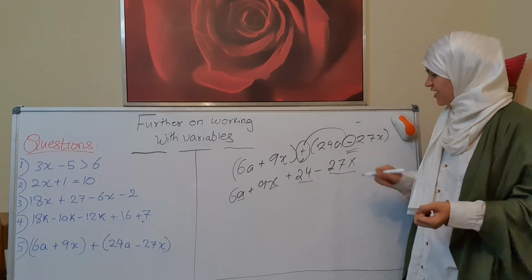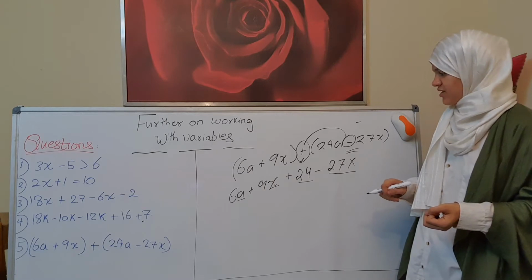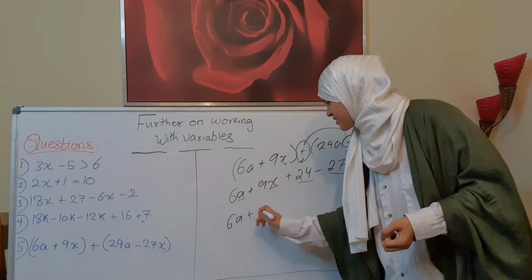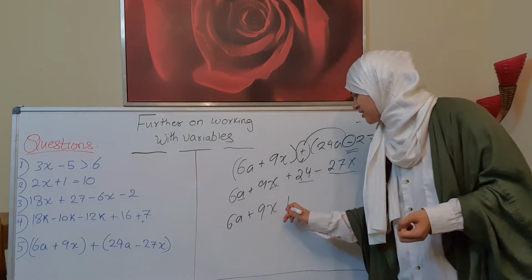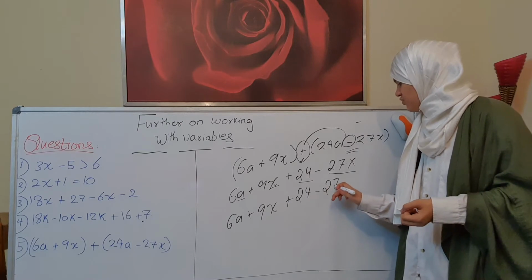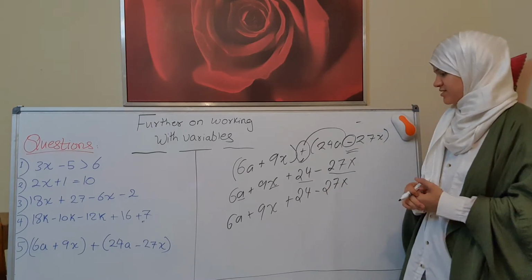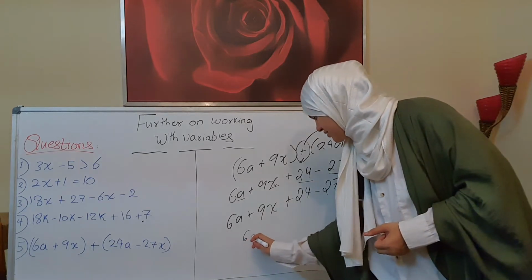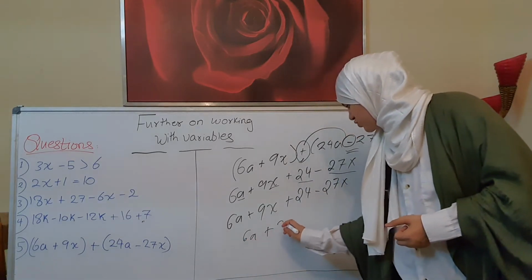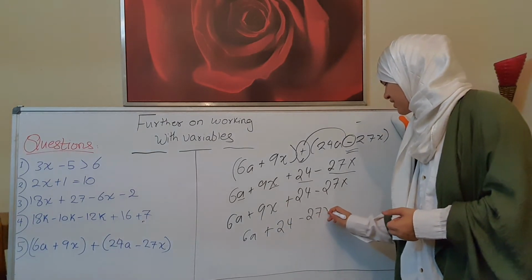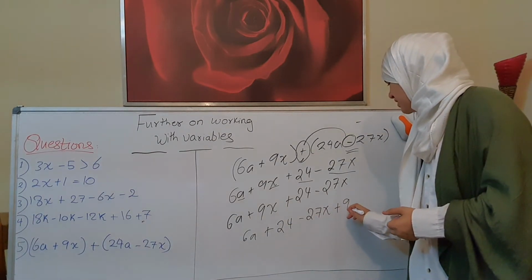And here 27x. So that means 6a plus 9x plus 24 negative 27x. Okay, 6a it will be as it is plus 24 as it is negative 27x plus 9x.